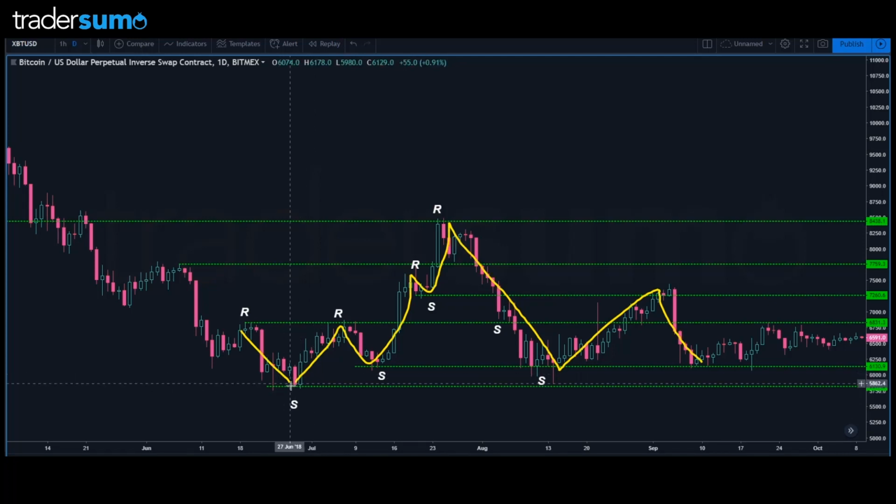Price is supported at the bottom. We'll just put a box there so you know where I'm referencing. Price rallies higher and it's resistance at the top. Resistance is the price level where there's large enough supply that the stock or the product is not able to continue higher. So there's resistance. And then this cycle just continues over and over. You guys get the idea. I shouldn't have to continue drawing that.